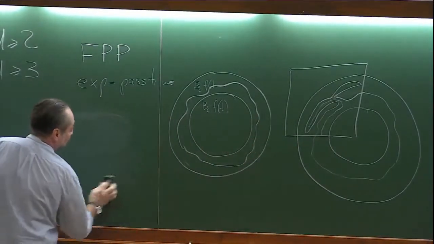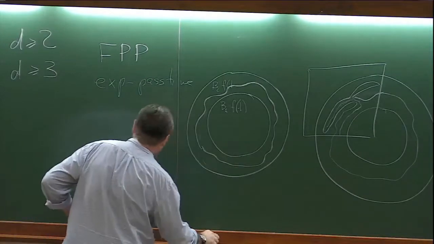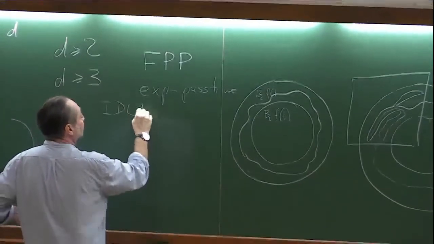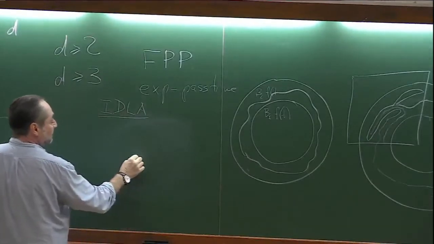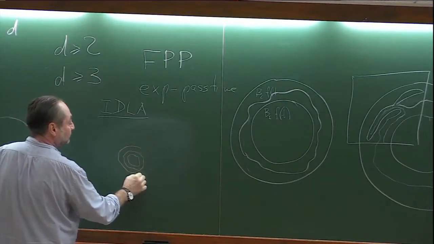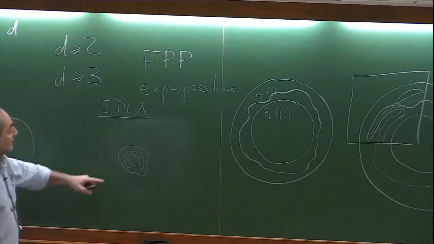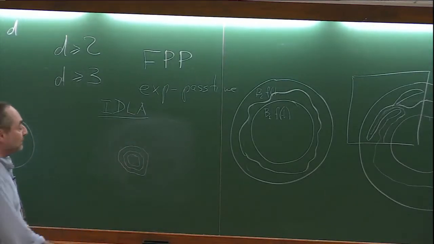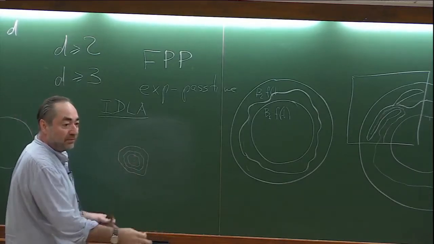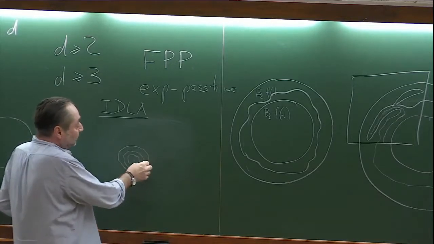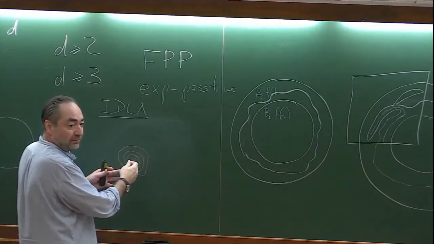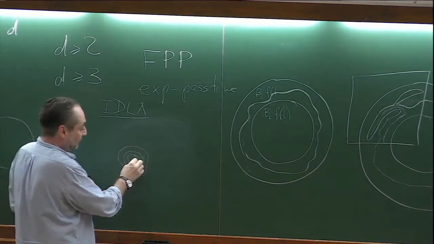It's the IDLA cluster. So these sets are evolving as an IDLA cluster. Suppose you launch particles from the origin in continuous time. Okay. And then, of course, this cluster itself grows much slower in time. I'm talking about the radius.